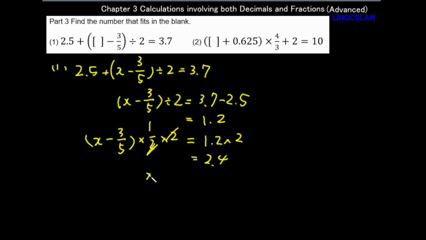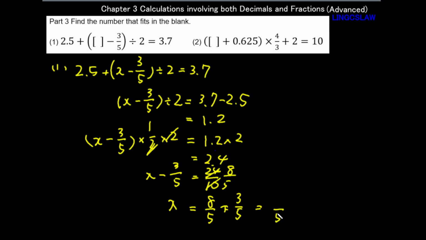So the equation will be this one. Let's add 3 over 5 to both sides, plus 3 over 5 equals 5/11. This is the answer.